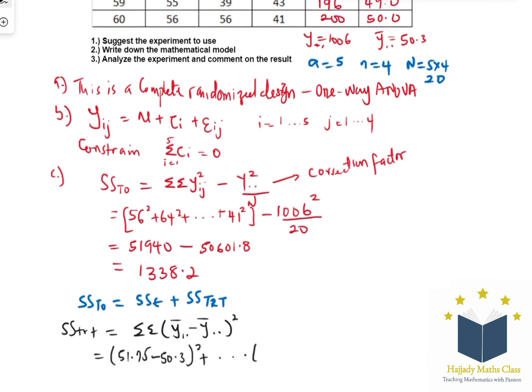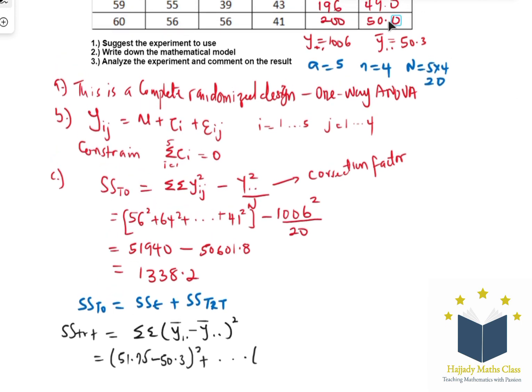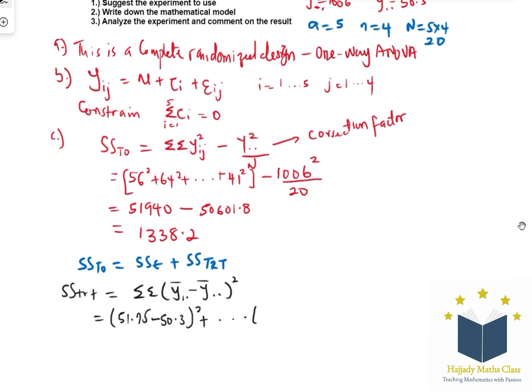My last mean here is 50.0. So I'm having 50.0 minus 50.3 all squared.